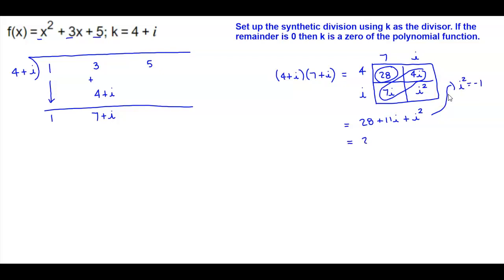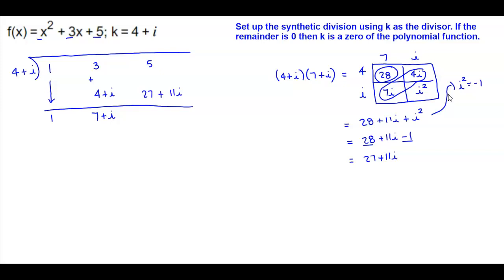So this becomes 28 plus 11i, and that's plus negative 1, which is the same thing as minus 1. And now we're going to combine like terms. 28 minus 1 is 27 plus 11i. So when we multiply these together, we get 27 plus 11i.